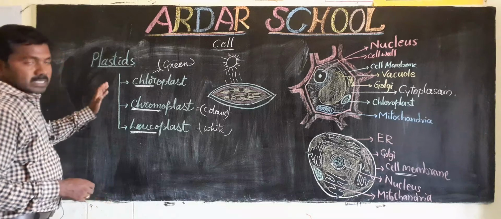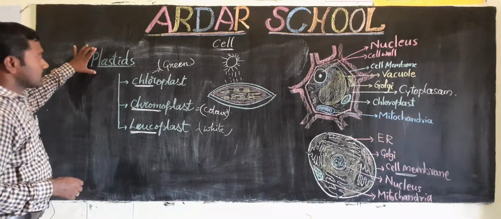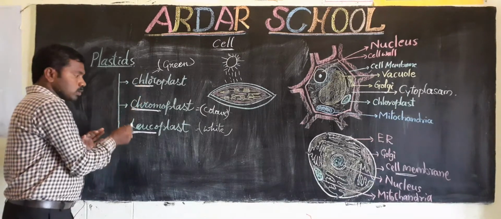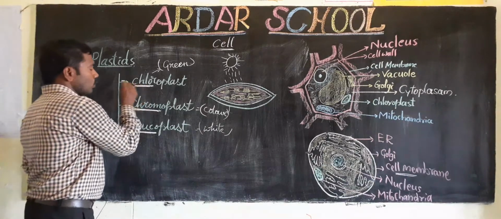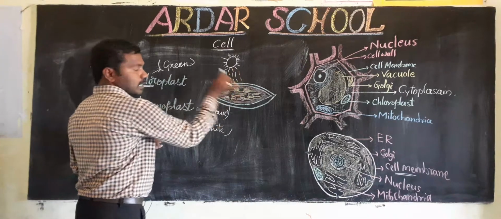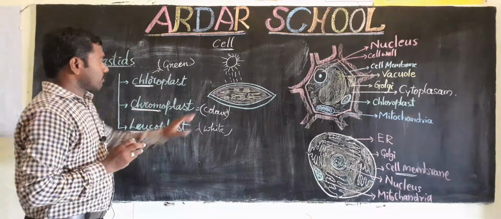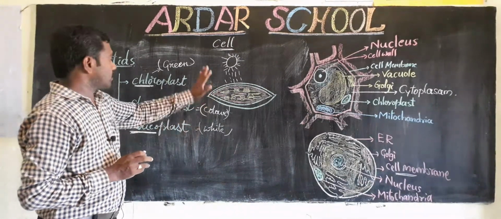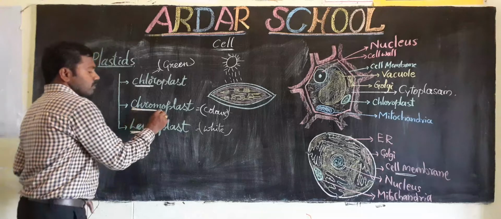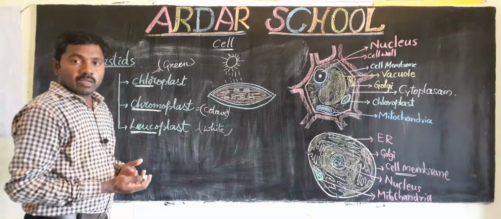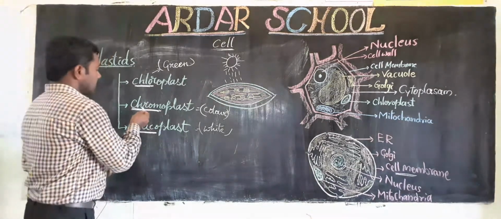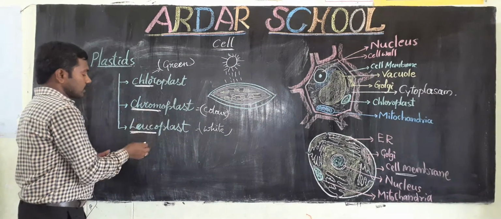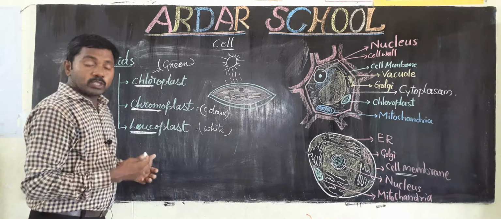Once again children, plastids are of three types: chloroplast, chromoplast, and leucoplast. Chloroplast's main function is trapping the sunlight; they prepare the food during photosynthesis. With chromoplast, we can observe different flowers in different colors, because that depends upon the chromoplast. Leucoplast can be observed in roots.